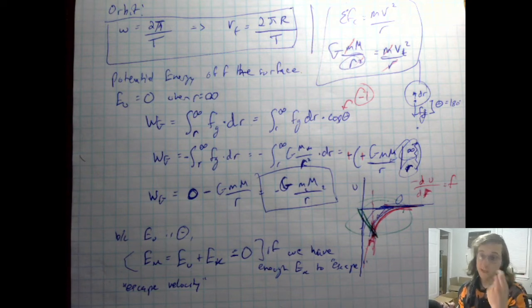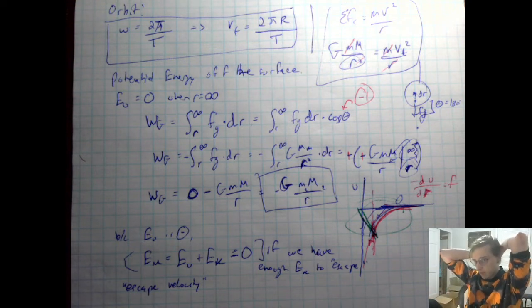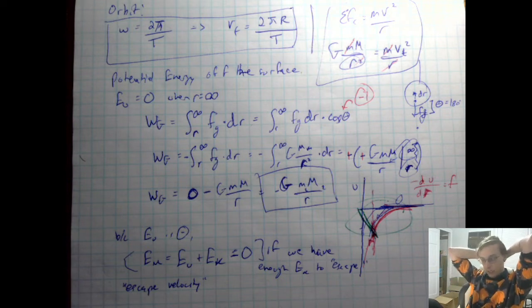You can find escape velocity for the sun, for Jupiter, for any star or any planet or any situation. The weird thing with black holes is that the escape velocity from a black hole is faster than the speed of light, and so nothing can escape a black hole because nothing can go faster than the speed of light, just as a brief little thing, beyond the scope of this test. But neat. As always.